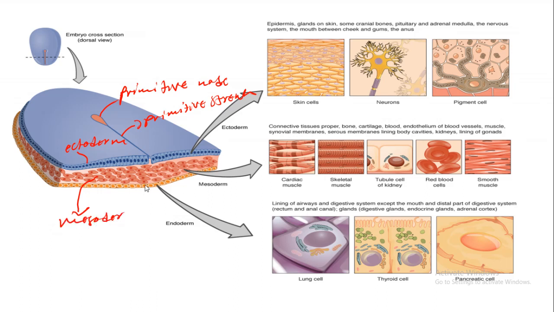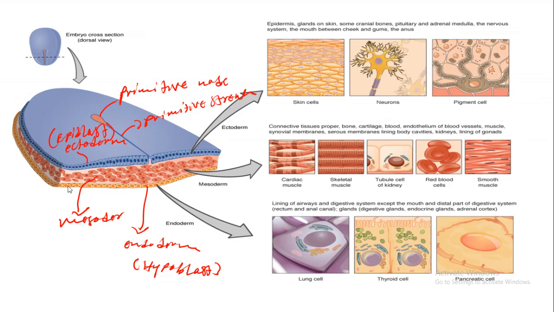And then lastly, you have the last layer, which is the endoderm, and this endoderm comes from the hypoblast, whereas the ectoderm comes from the epiblast.